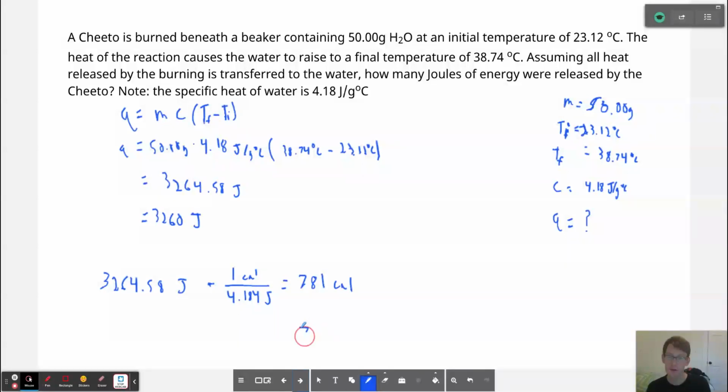Well, so I need to do another conversion here. 781 calories times 1 kilocalorie over 1,000 regular calories. Again, not what you normally would see on a nutritional information label. We actually end up having 0.781 kilocalories, which I think for you guys would probably be a little bit more believable that there is a little bit less than 1 calorie per very small Cheeto.